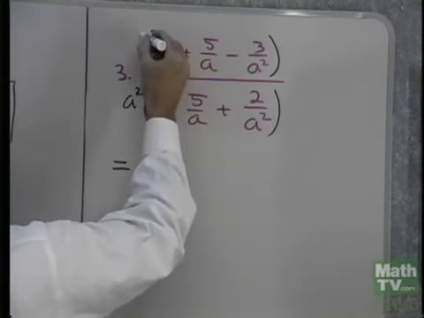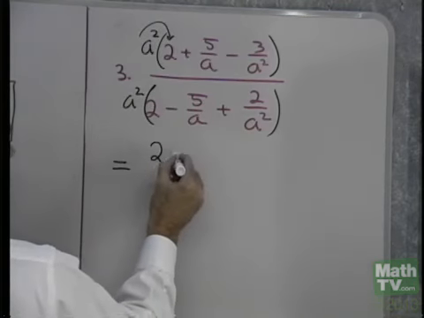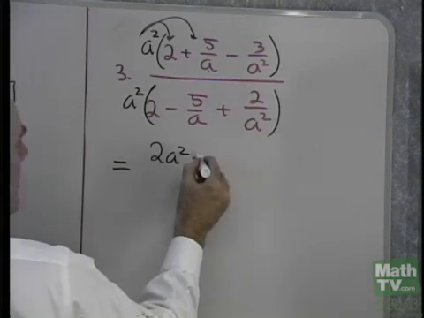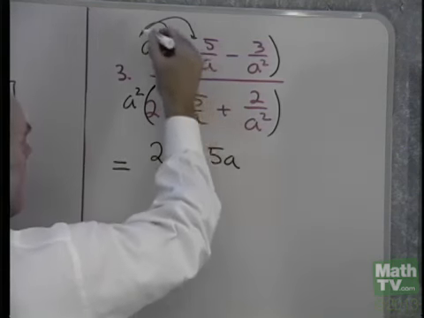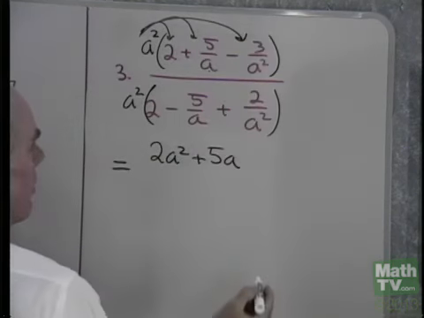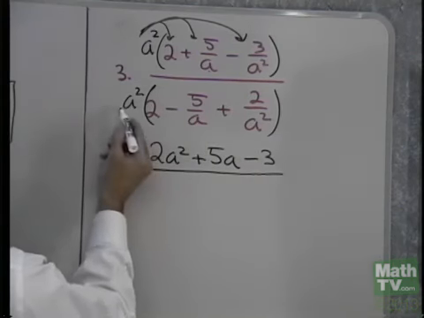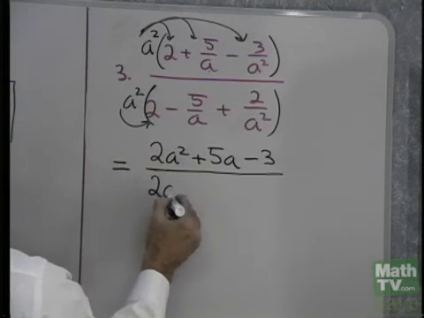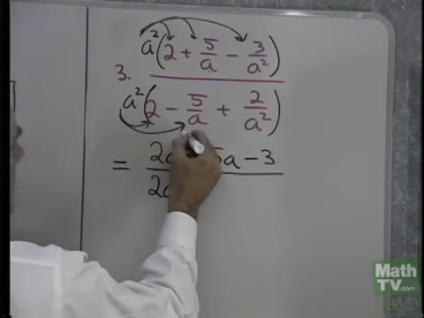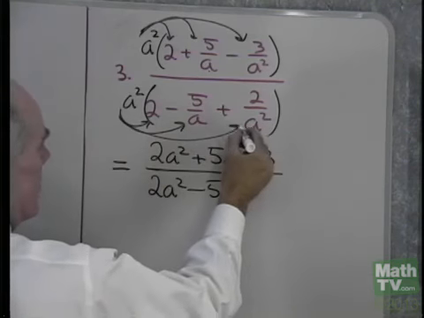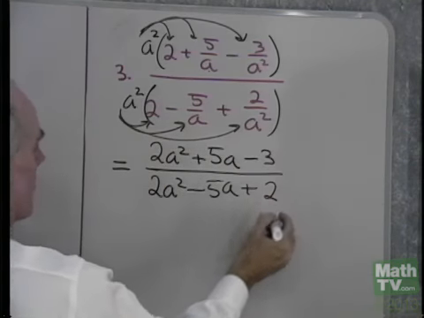When I do that, I have a squared times 2, which is 2a squared, a squared times 5 over a, which is 5a, and then a squared times 3 over a squared, which is 3. That will all be divided by a squared times 2, which is 2a squared, a squared times 5 over a, which is minus 5a, and a squared times 2 over a squared, which is 2.